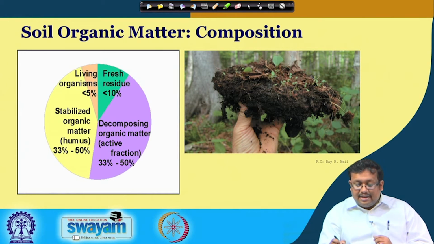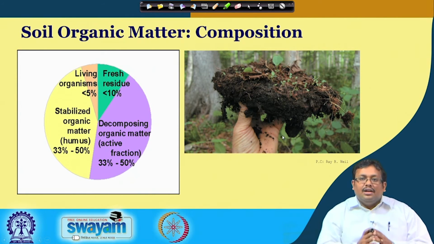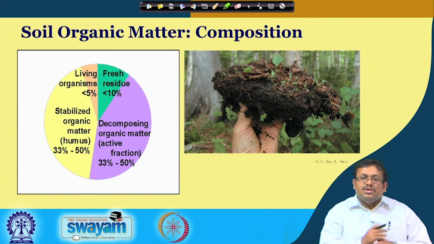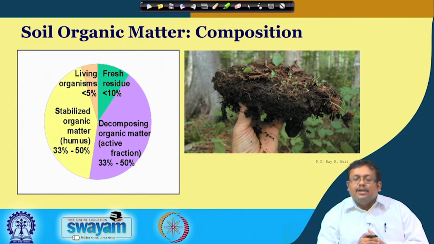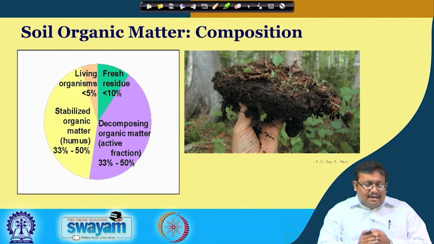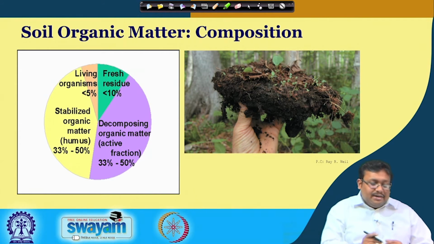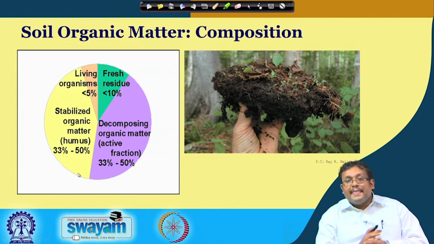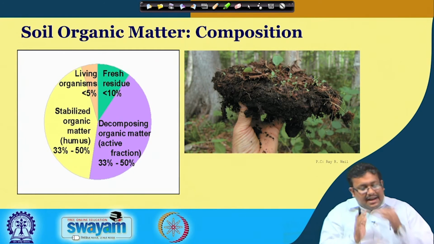As you can see in the right picture, we have an active fraction of soil which we can generally see at the top of any soil, especially in forest-like areas. This surface of the soil is basically decomposing organic matter. And the remaining 33 to 50% is called humus, and humus is a stabilized organic matter.